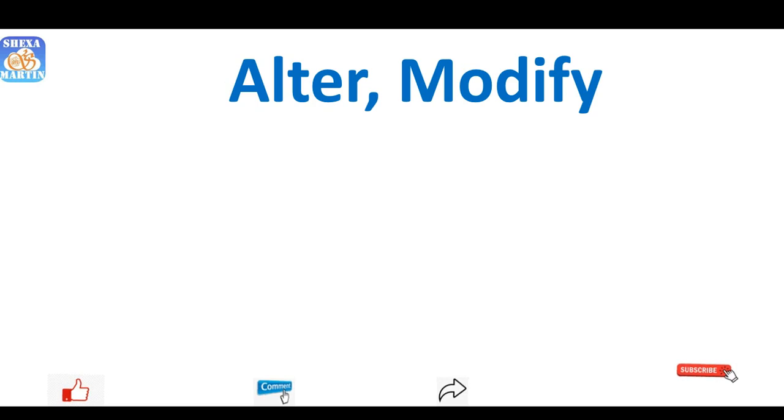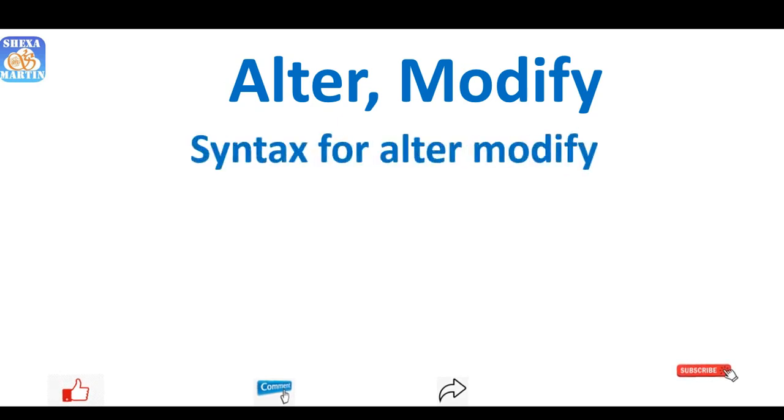And then MODIFY is used to change column constraints or column data type. The ALTER TABLE statement is also used to add and drop various constraints on an existing table. Sometimes we need to change the data type of a column, and to do this we use ALTER TABLE MODIFY. So here is the syntax for alter and modify.